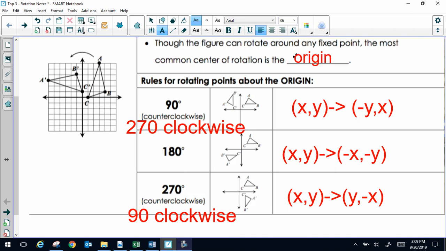So let's go ahead and do a couple of examples.